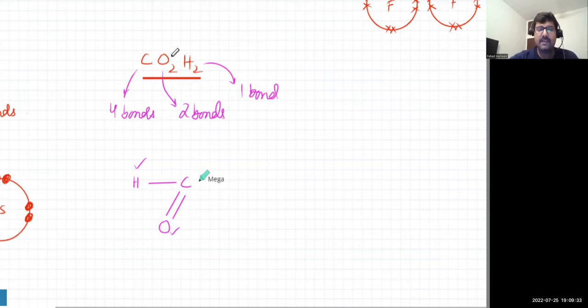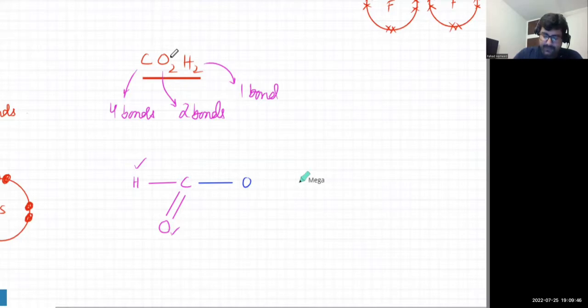So what do we have left? I've got another oxygen left, so I'm going to use that. That 1 bond is going to be with oxygen. You remember the formula, I had 2 oxygens, right? So carbon is done.